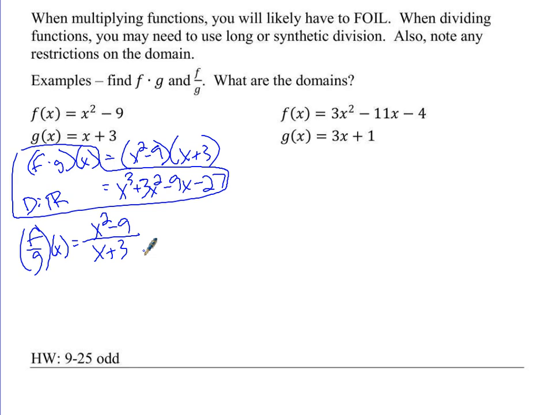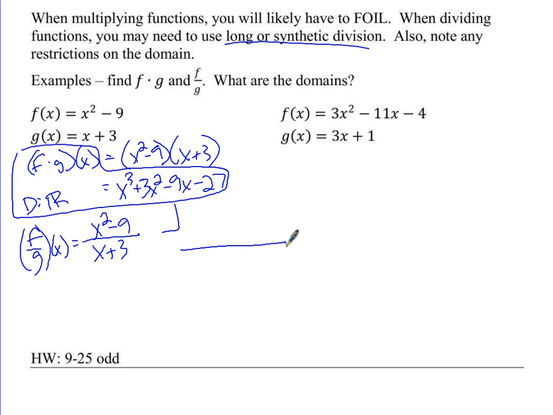So what do we do? There are no like terms. We're dividing. How do I divide like this? Long or synthetic division? Synthetic division, sometimes you're going to want to use long division. Like on this one right here, you'll want to use long division. We can use synthetic on this one though.